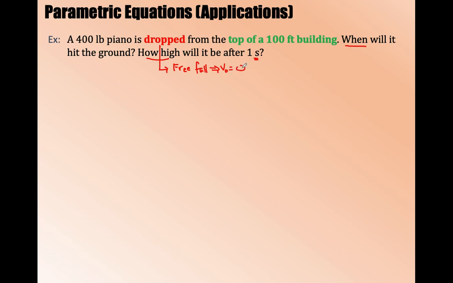That's nice because then the free fall equation in feet is just the effect of gravity, which is negative 1/2 of that 32, plus your initial position. That's, of course, your vertical equation.